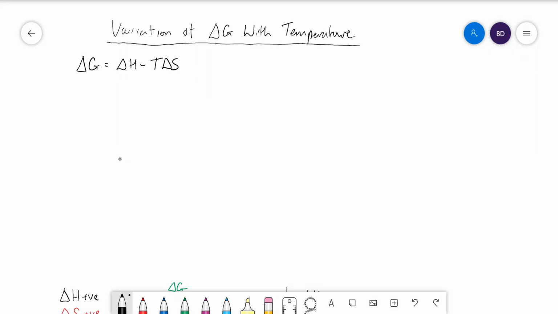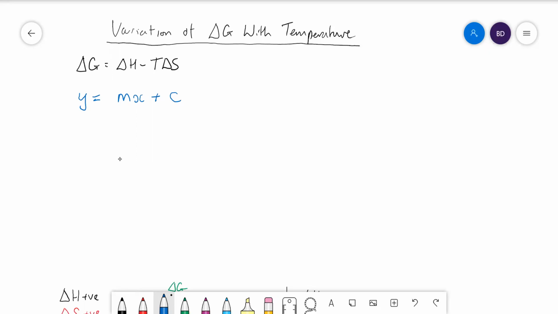If you remember back to your GCSE maths, you will know that the equation for a straight line is y is equal to mx plus c, where m was the gradient and c was the intercept on the y-axis.